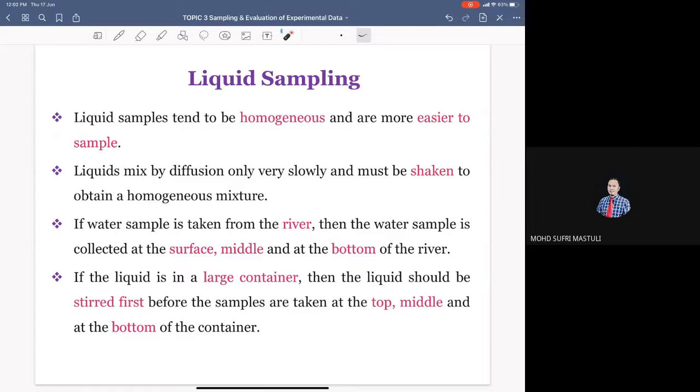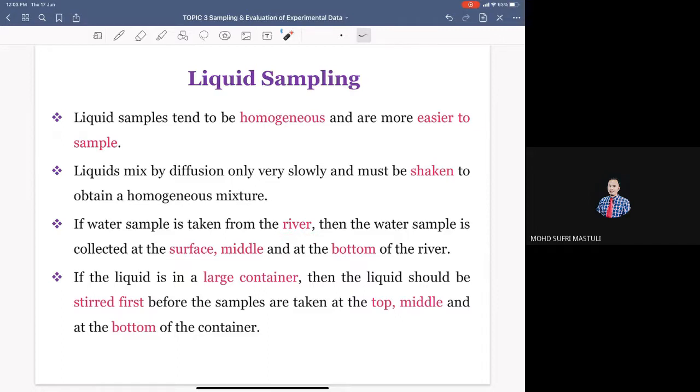So now we focus on liquid sampling. As we know, any liquid sample is normally homogeneous, meaning that it is easier to do liquid sampling. By shaking the liquid, we can homogenize the whole liquid sample. Let's say we want to sample the water from a river.